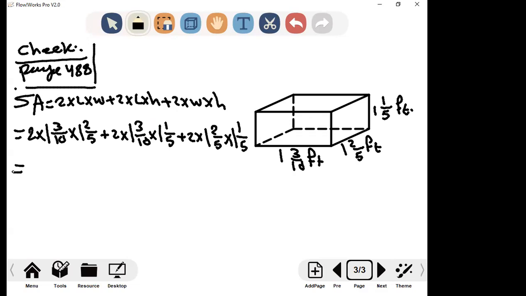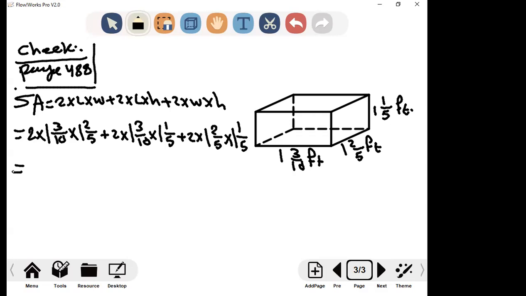I will use my calculator here: 1.3 multiply 1.4, plus 2 multiply 1.3 multiply 1.2, plus 2 multiply 1.4 multiply 1.2.